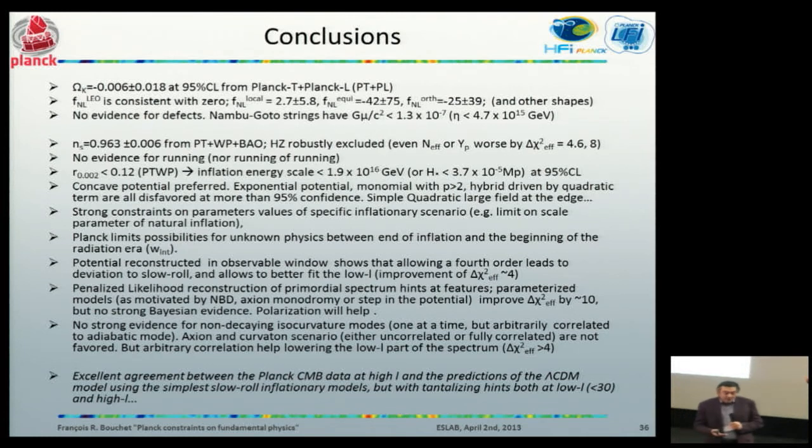On the other end, on the low L side, you've seen that this is driving a lot of these extensions at small level, and small just because these extensions don't do exactly what is needed to account for that. And so there we're hit by cosmic variance, and this is not very significant. At most, this is a 3 sigma result, and the question now is to what extent can we strengthen this?